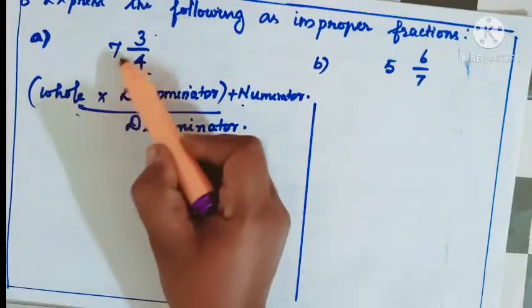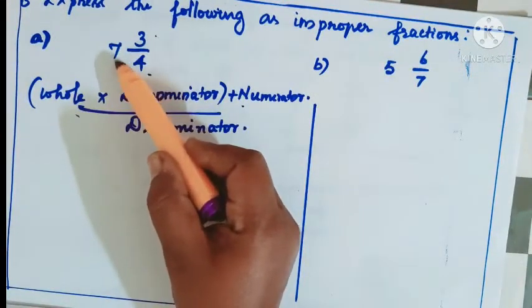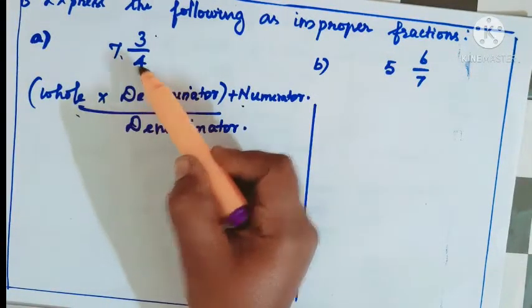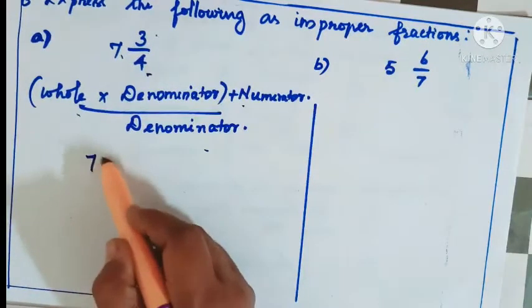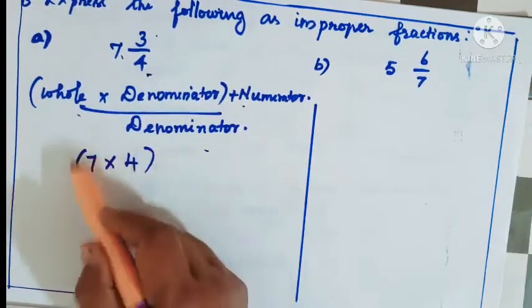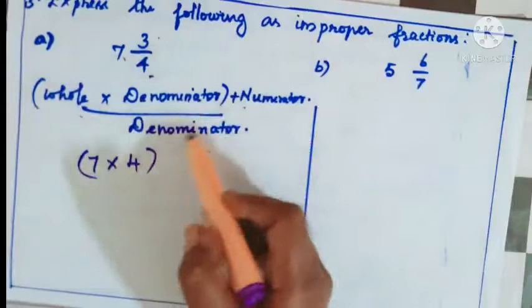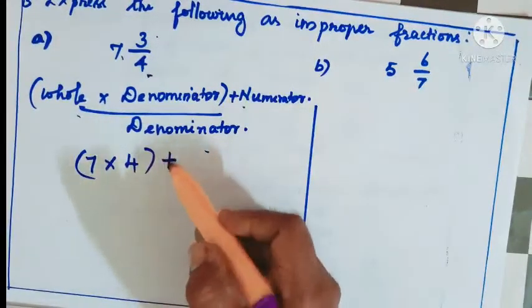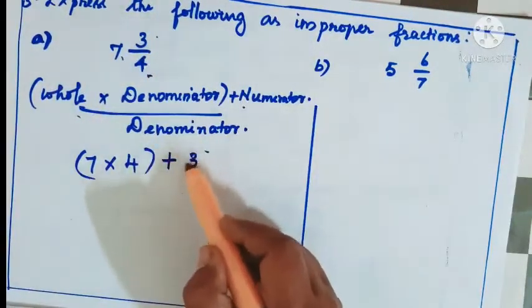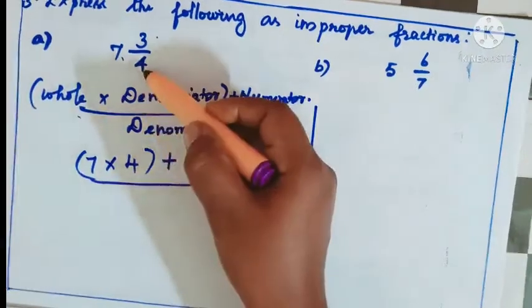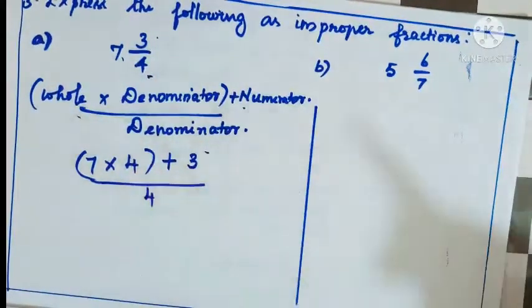What is the whole number here? 7. Isn't it? That I have to multiply with the denominator. That I will write first: 7 into 4. Then you have to add the numerator. The numerator is 3. Very good. Now by the denominator 4. Is it clear?